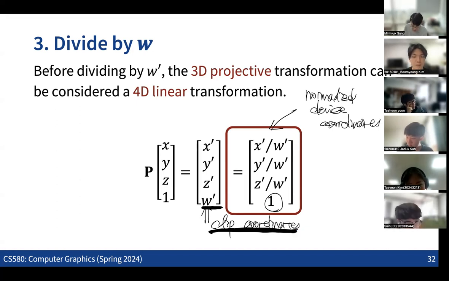And once we do that, if we divide by W, we get the coordinates that we see after the projection. So we have the normalized device coordinate system with X, Y, Z.